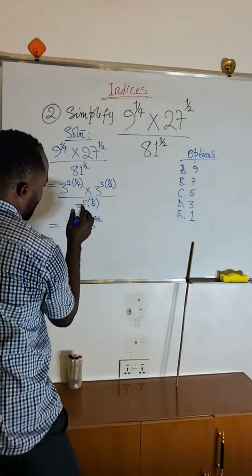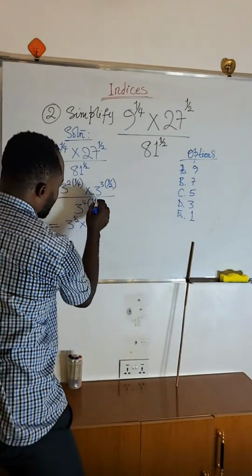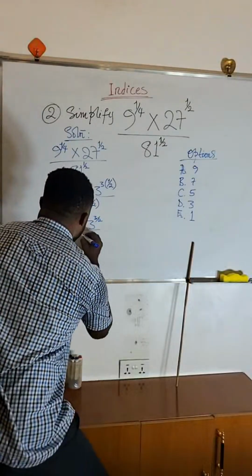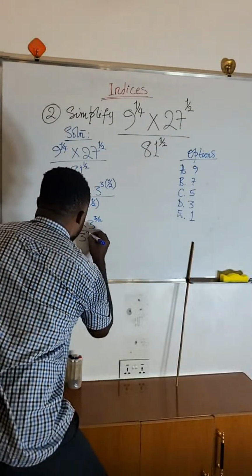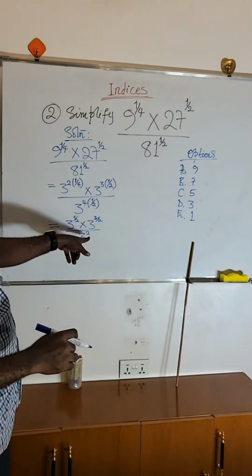Here, look at this place. Here is 3 raised to the power of 2, all over 3 raised to the power of 2, because 4 divided by 2 is 2.